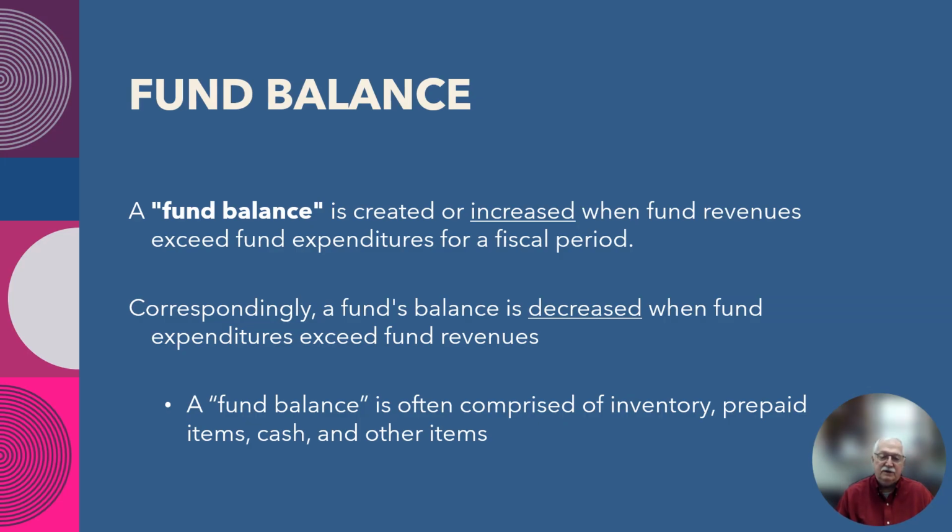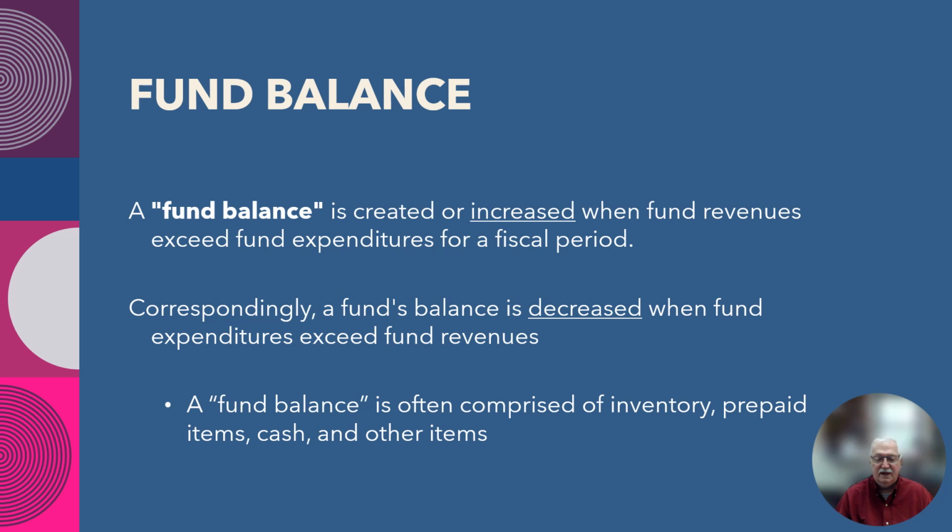A fund balance is created or increased when fund revenues exceed fund expenditures for a fiscal period. Correspondingly, a fund's balance is decreased when fund expenditures exceed fund revenues. A fund balance is often comprised of inventory, prepaid expenses, cash, and other items.